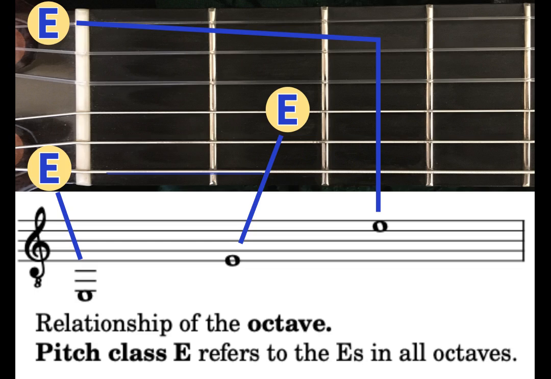You have probably noticed that the same pitch name occurs in multiple locations. For example, we can play E on the open 6th string, on the 2nd fret of the 4th string, or on the open 1st string.